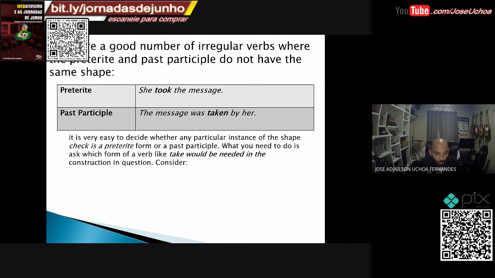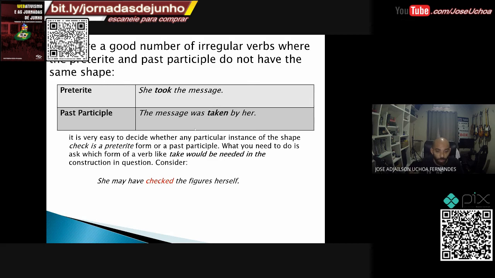What you need to do is ask which form of the verb like take would be needed in the construction in question. Você pega uma frase que tem checked, que é um verbo regular, e testa um outro verbo cujos shapes sejam diferentes. Como take poderia ser outro verbo, né? See, saw, seen, né? Poderia ser, usar o verbo to see.